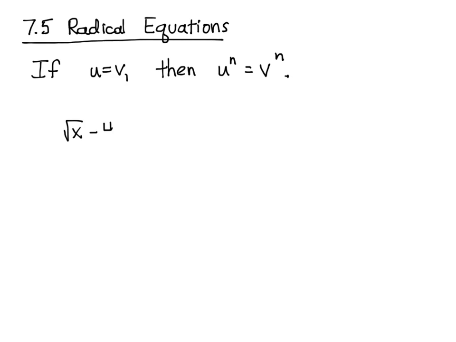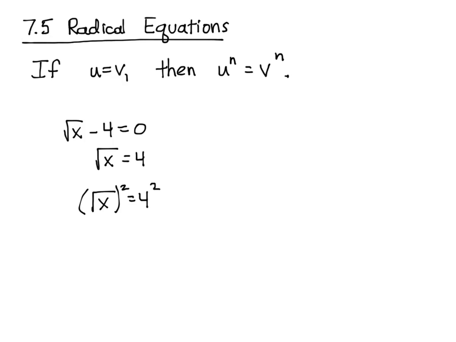So in the simplest case, if we just have square root of x minus 4 equals 0, what we do is we work these very similarly to the way you work absolute values. What we did there was we isolate the absolute value, but in this case, the radical, and then we square both sides.